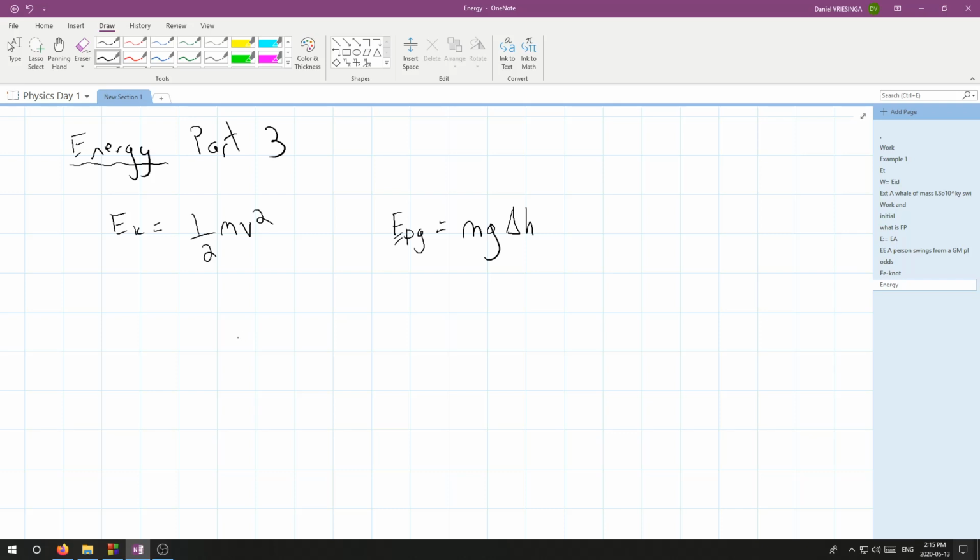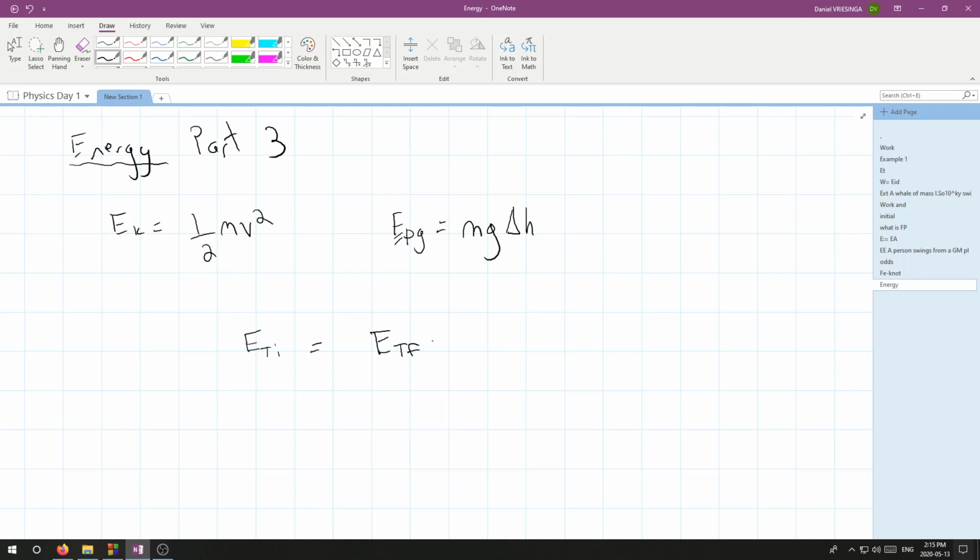And we also said that the total energy initially in any system should equal the total final energy. And from this equation here, we could solve a lot of physics problems involving heights and speeds and masses.